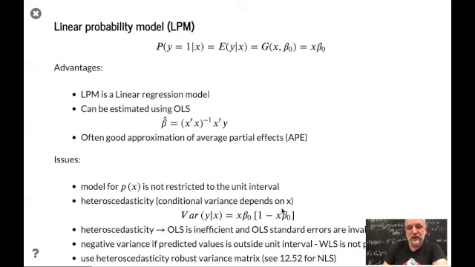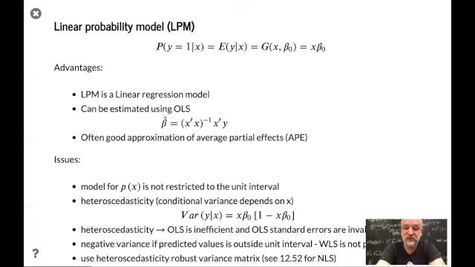Another thing is that the conditional variance depends on x. So what does that mean? You've seen this in econometrics A: if the variance of the error term depends on x, you have heteroscedasticity.